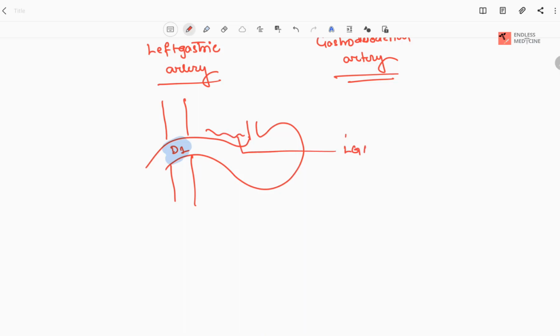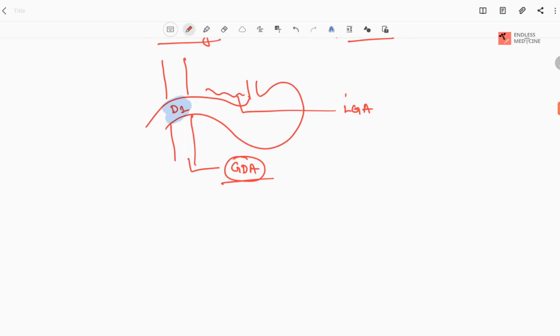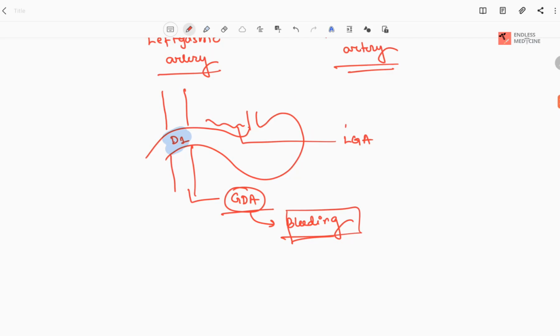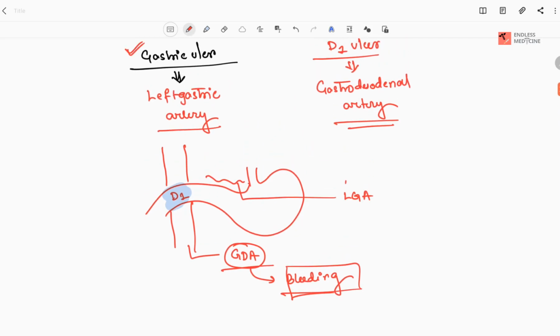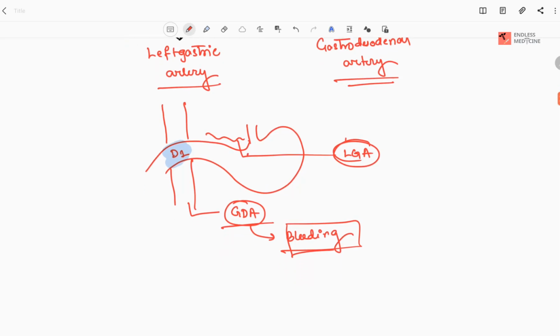This ulcer causes destruction of the posterior area, and it causes destruction of the gastroduodenal artery, and there is bleeding. So the source is the gastroduodenal artery. But in case of gastric ulcer, the source is the left gastric artery, as the ulcer occurs here.